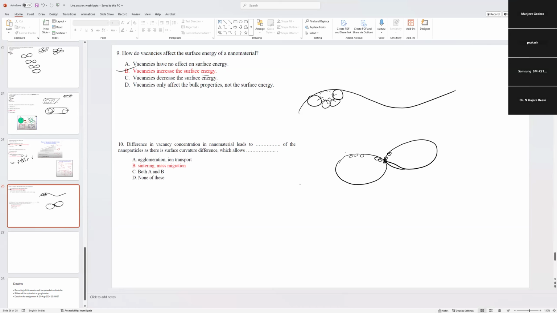These are all vacant sites, filled ones here. Here we have a comparatively smaller number of vacant sites, so vacancies will shift this way, and mass, atoms and particles, will migrate this way.